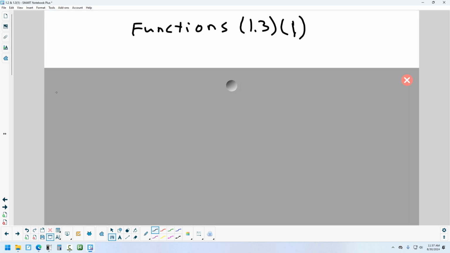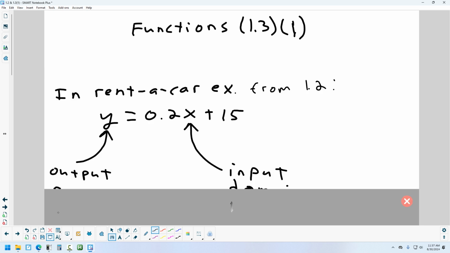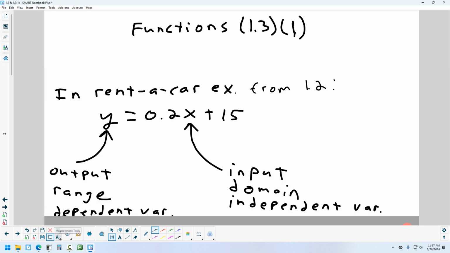All right, let's take a look at the last part for today. So going back to that rent-a-car problem, I asked which letter was the independent variable and which one was the dependent.